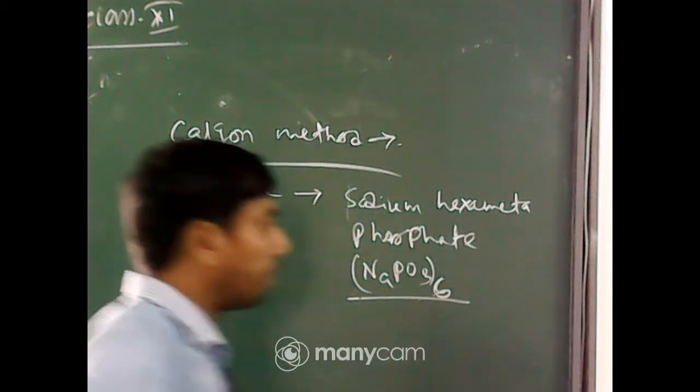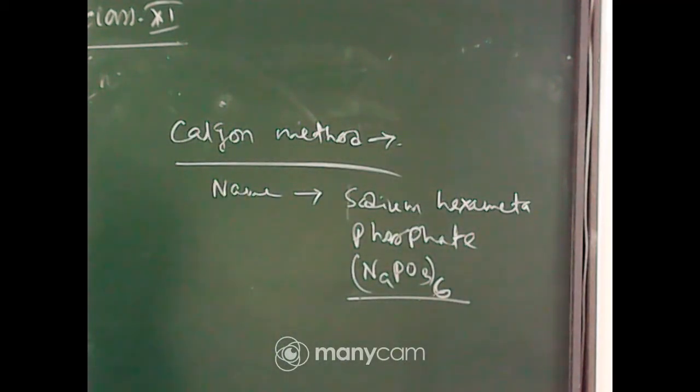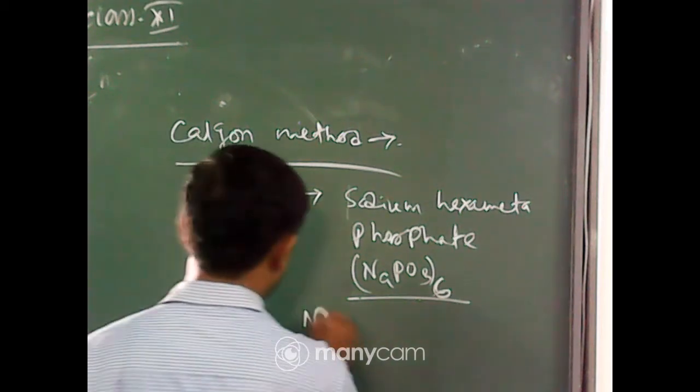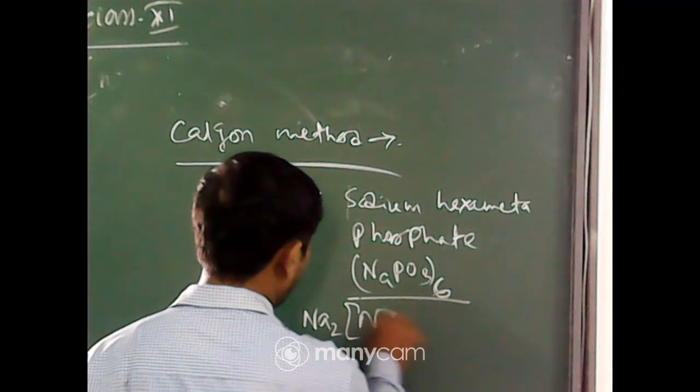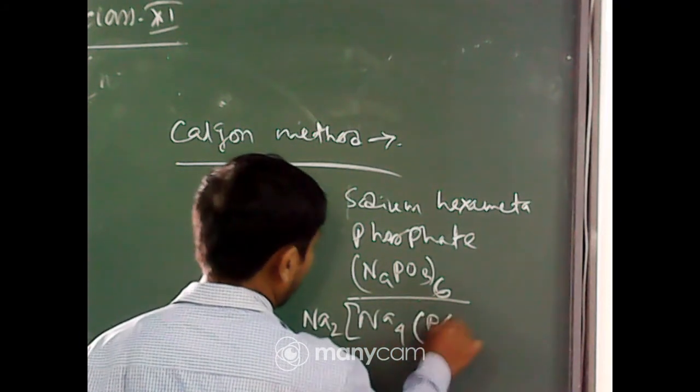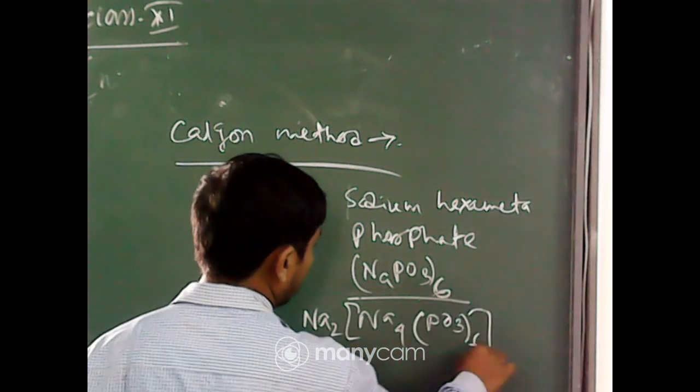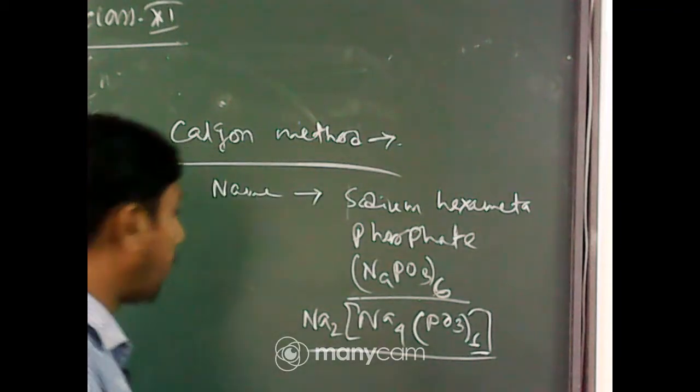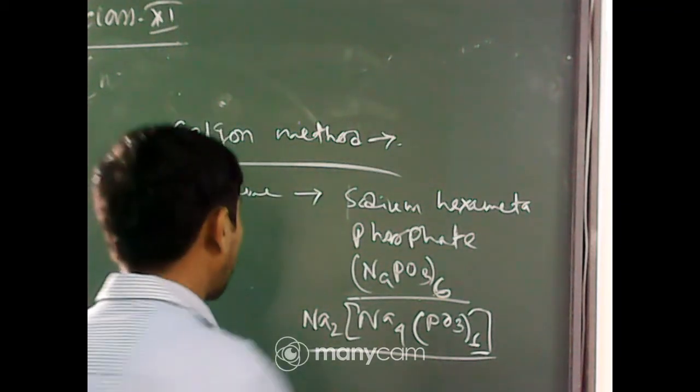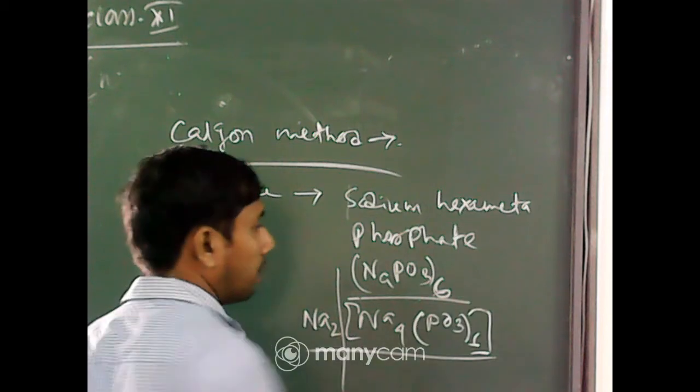Now, if we break the structure, it becomes Na2 Na4 PO3 whole 6. So, it is a complex compound. This is the cationic part and this is the anionic part.